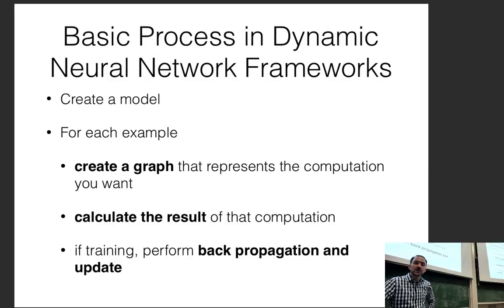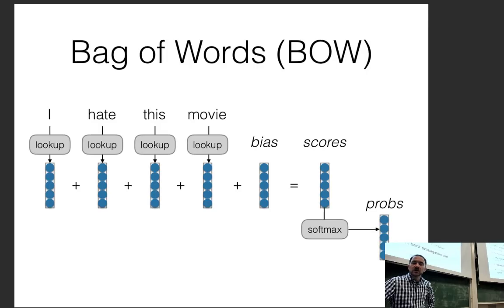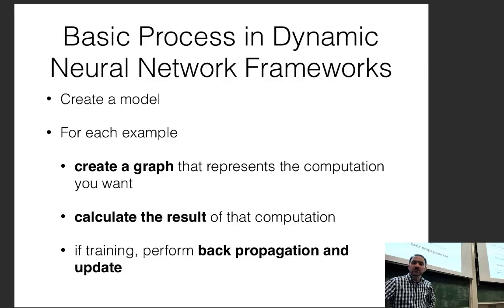And then if you're training, you perform backpropagation and parameter update. So this is a contrast to something like a static framework, like TensorFlow in the kind of non-eager mode, which is in this case you create the graph before you even start training the model whatsoever.